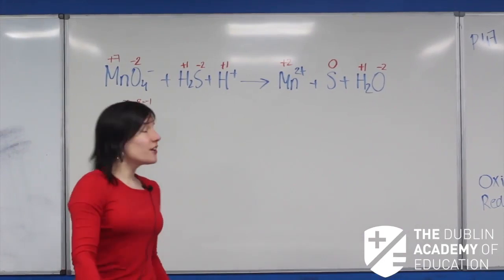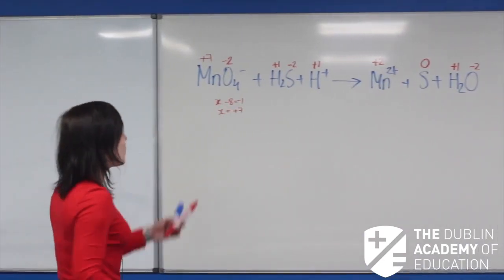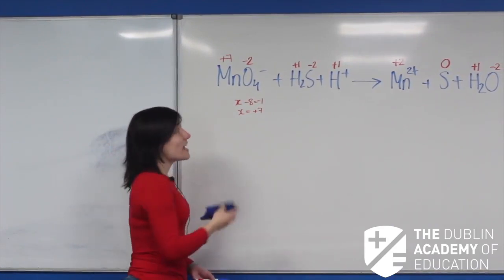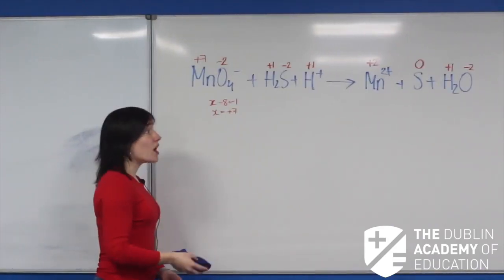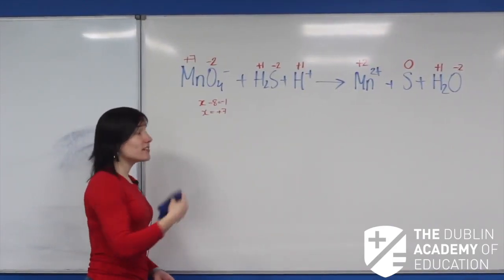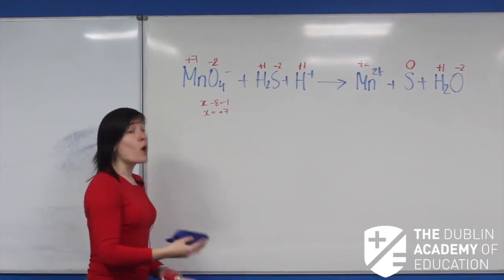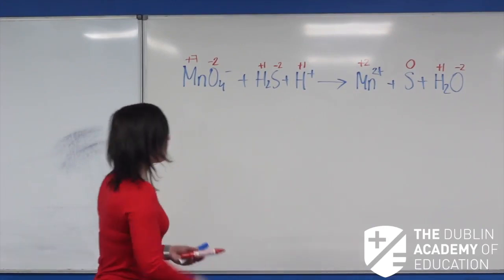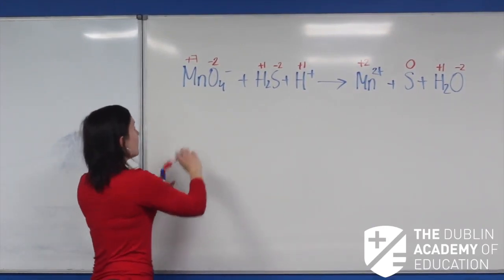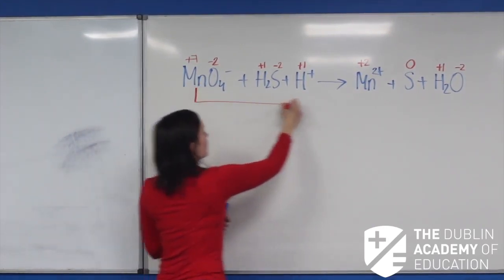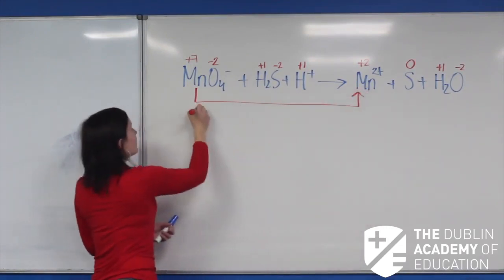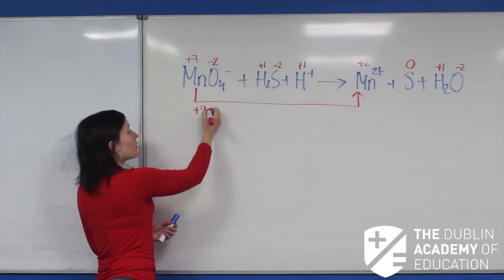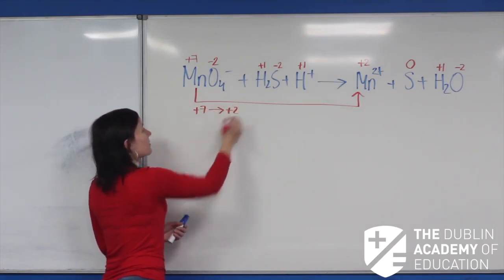So we've assigned our oxidation numbers the whole way across here. And just as we did in the example a couple of minutes ago, we're now going to have a look and see what has changed. What has gone up, what has gone down? What has been oxidized, what has been reduced? We see straight away that the manganese in the permanganate group ion has gone from +7 to +2.